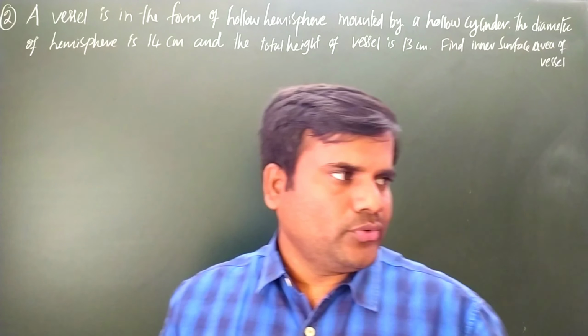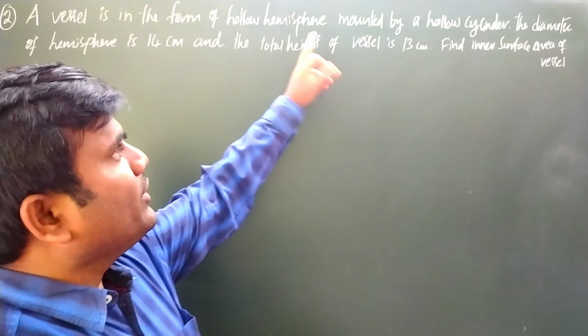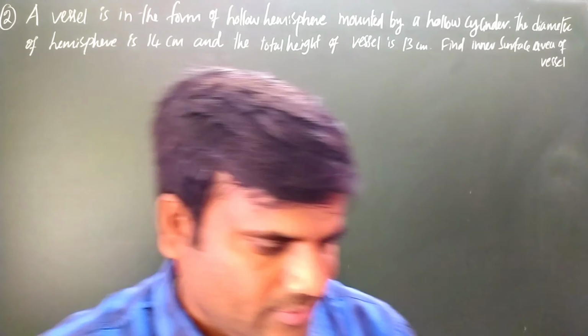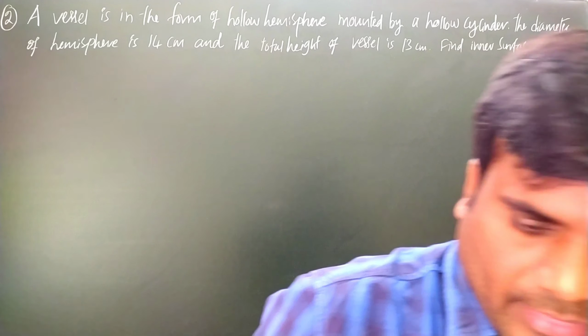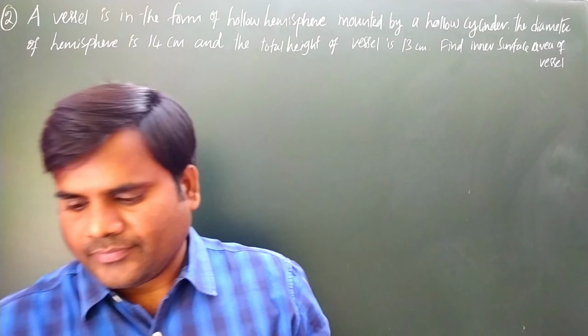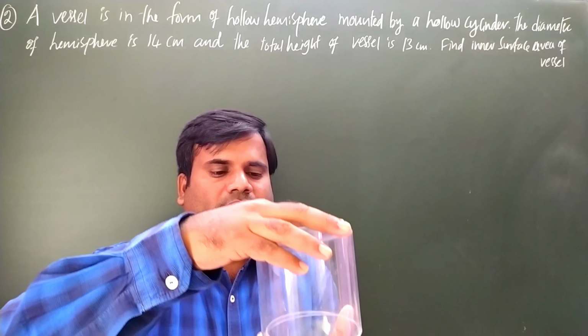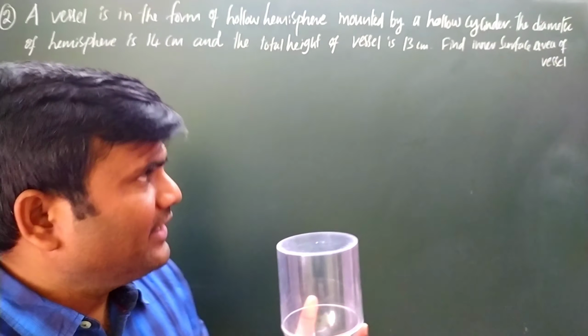Next, question number 2. A vessel is in the form of a hollow hemisphere mounted by a hollow cylinder. Like this, it is mounted like this. So mounted, surmounted.